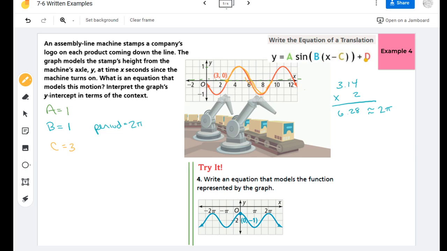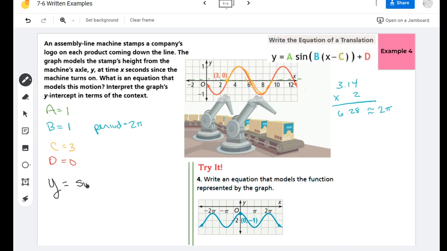And then my D value is how much up or down the graph has been shifted. Since my midline is still along the x-axis, my D value is 0. So now let's put these all into the equation. So y equals, I would put A, but my A is 1, so we don't have to write a 1 in front of the sine.